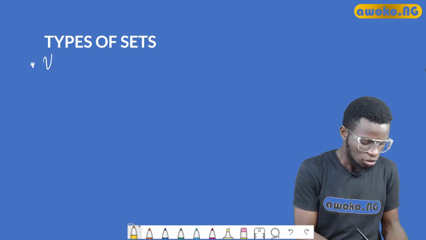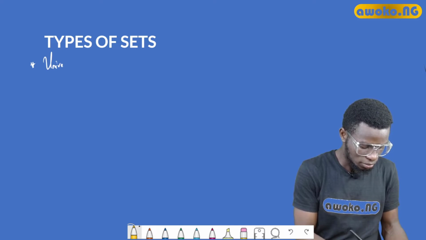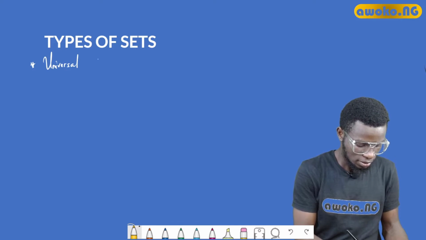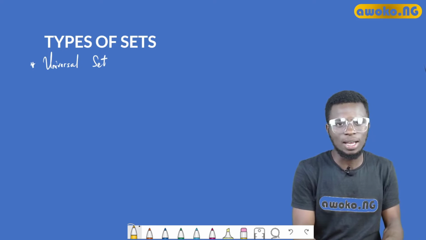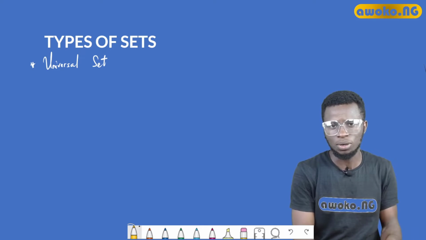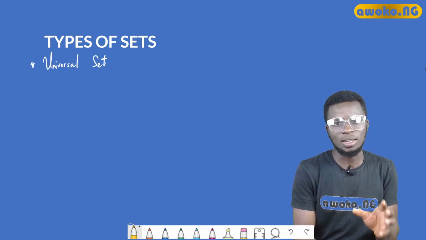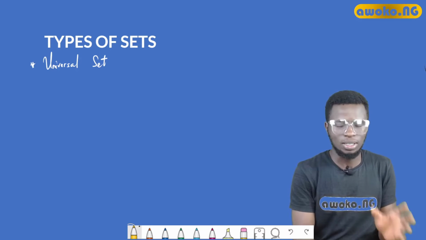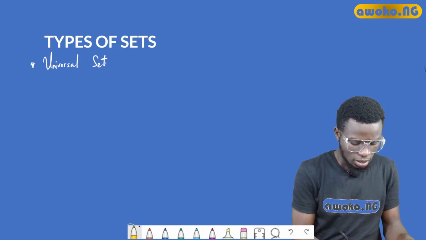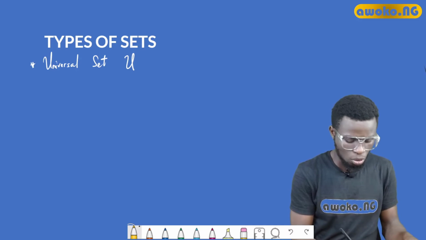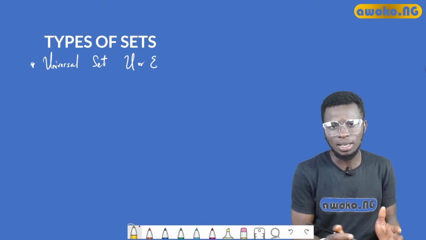We have the universal set, which is seen as the mother of all sets because all other sets can be found in it. Usually we represent universal sets using the symbol U or E, as the case may be.